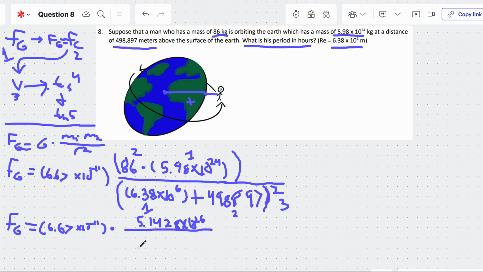We're going to do our 6.38 times 10 to the 6th. Shoop. Okay, now that we have that, we are then going to add that big number out there, plus 4,988,997.